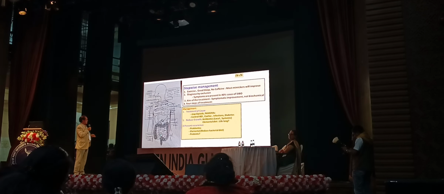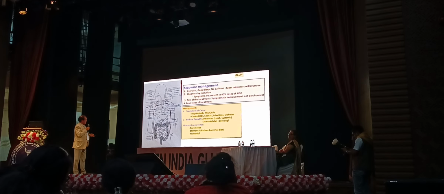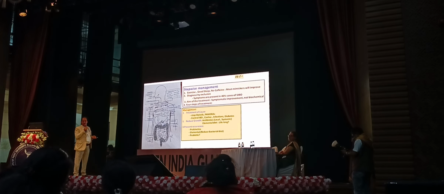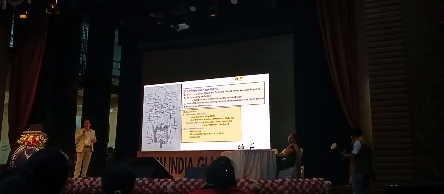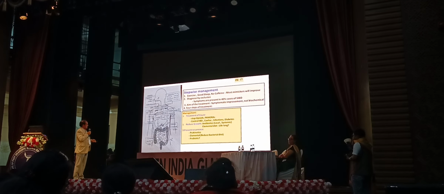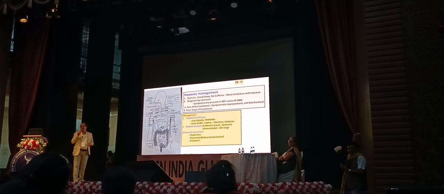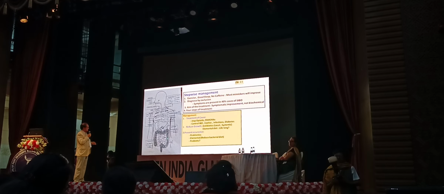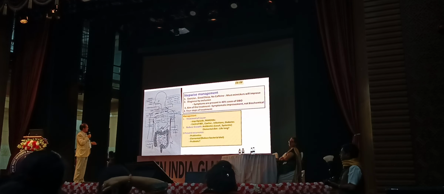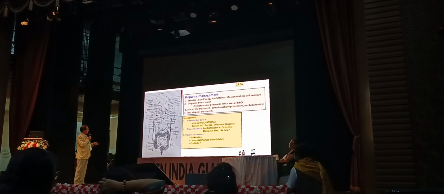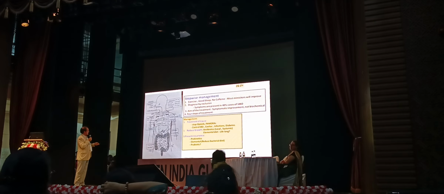So these bacteria grow. What will happen? They grow to nearly 100 times. When they grow, their function is to ferment the carbohydrate. So when we take carbohydrates, they ferment and form gas, and I'll tell you what the gases are.